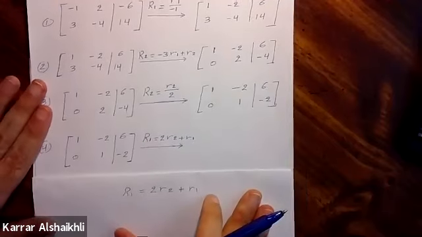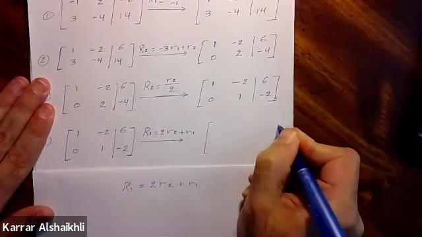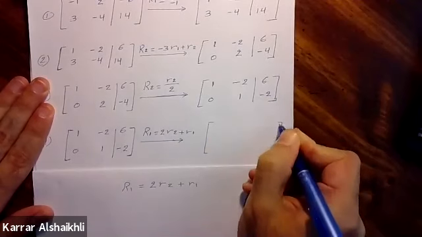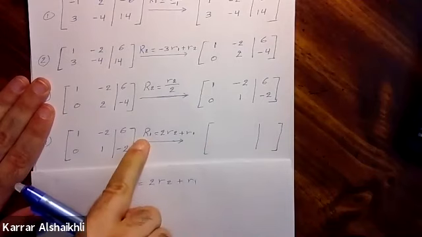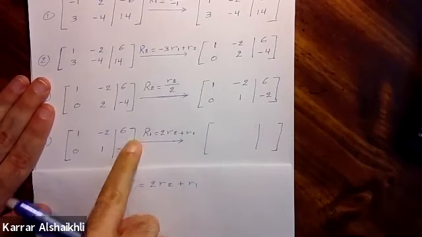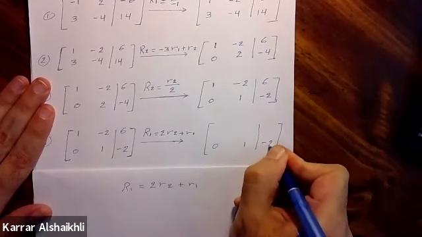Let's work on this method to get the last matrix. I need to get a new R1. That means the second row is going to be exactly the same.